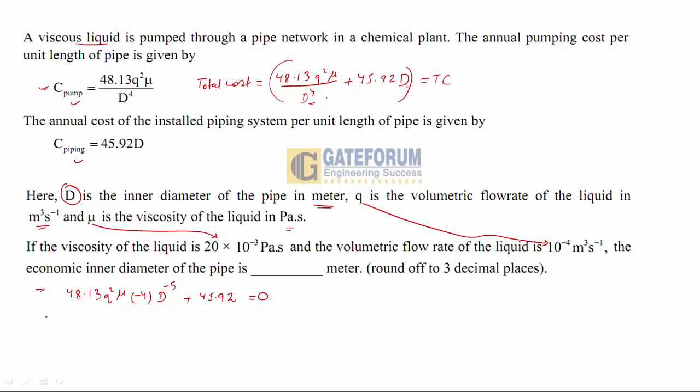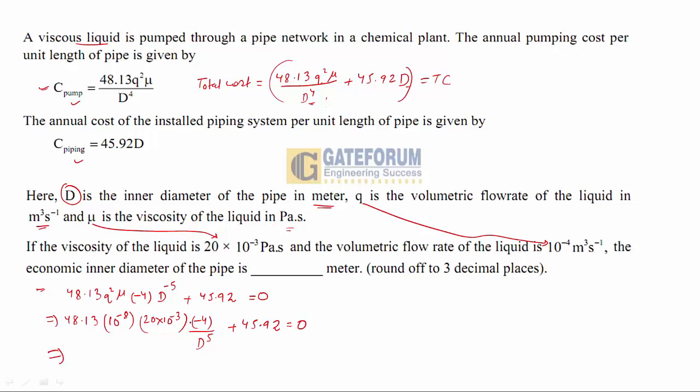Now this problem is very easy. Everything we have, let us put the values. 48.13. What is Q? Q is 10 to the power minus 4, so whole square will become minus 8. Mu is 20 into 10 to the power minus 3, multiplied by minus 4, divided by D to the power 5, plus 45.92 is equal to 0.